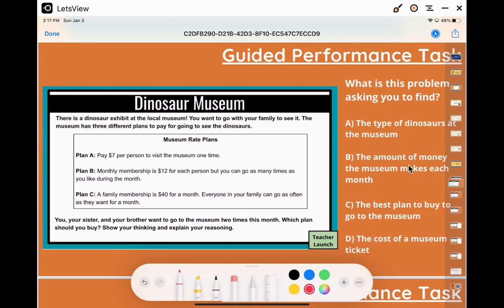Is it B, the amount of money the museum makes each month? Is it C, the best plan to buy to go to the museum? Or is it D, the cost of a museum ticket? Answer the question on your Nearpod.